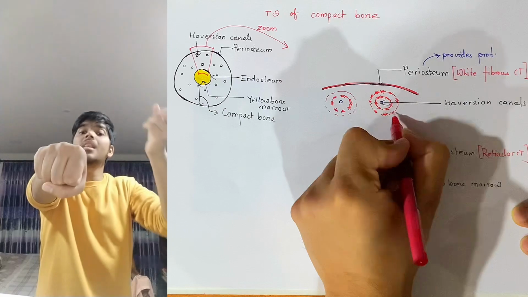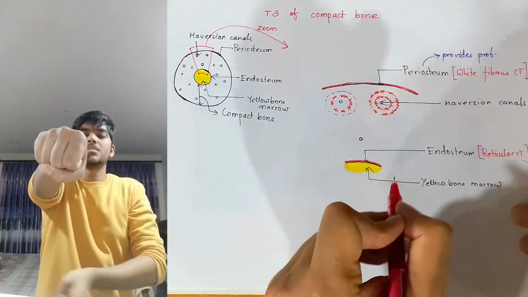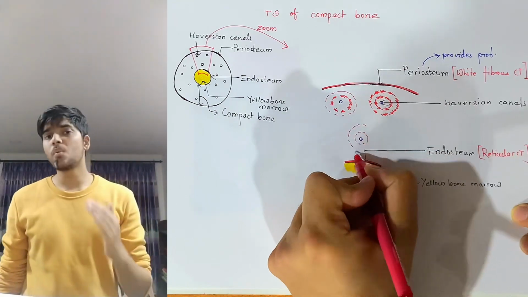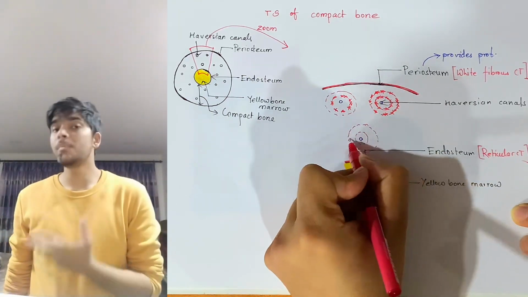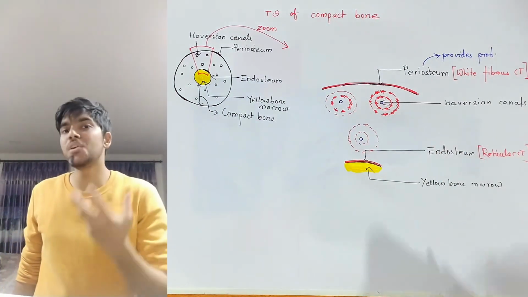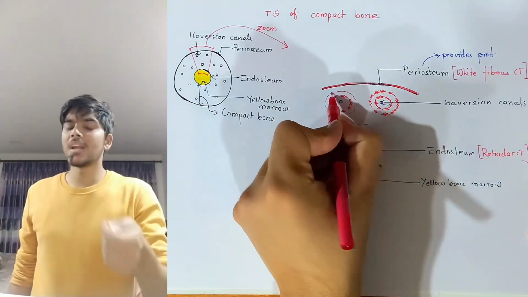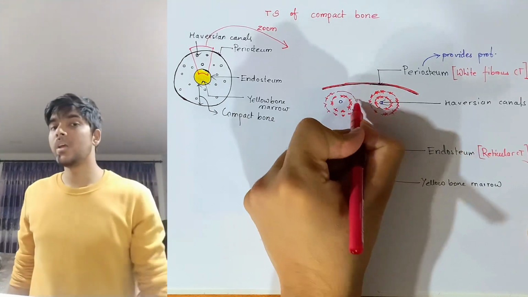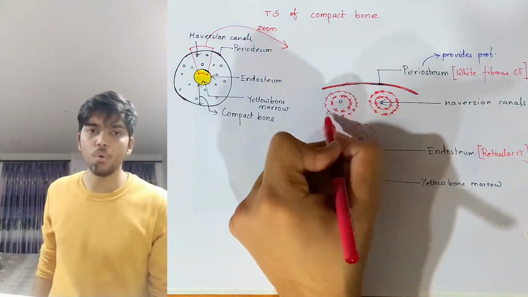And then there's again a larger ring which encircles the smaller ring. This is what it looks like under a normal microscope, and this structure, the haversian canal surrounded by osteocytes in concentric circles, we call the haversian system or osteon.